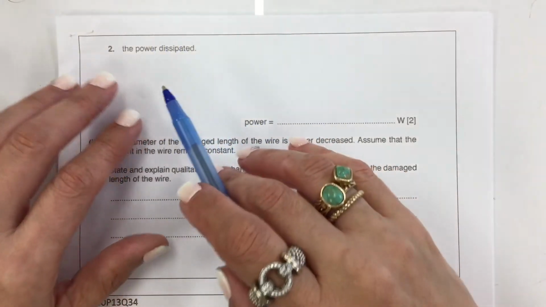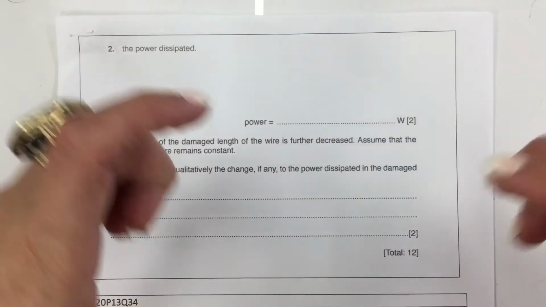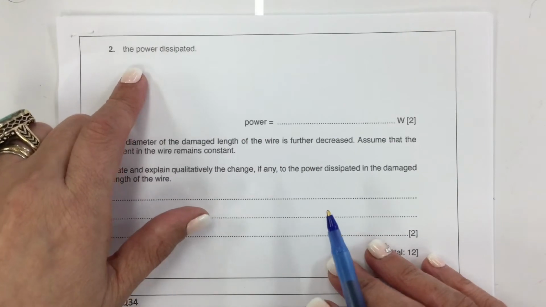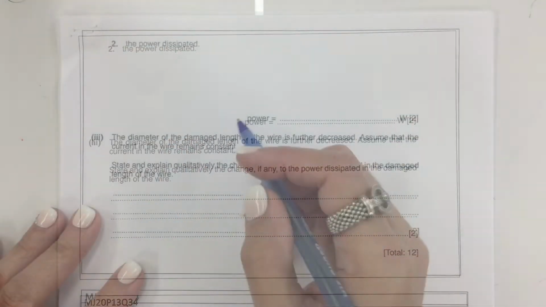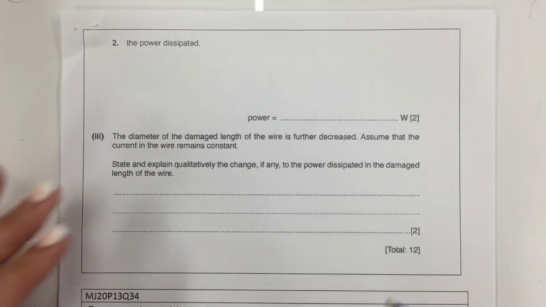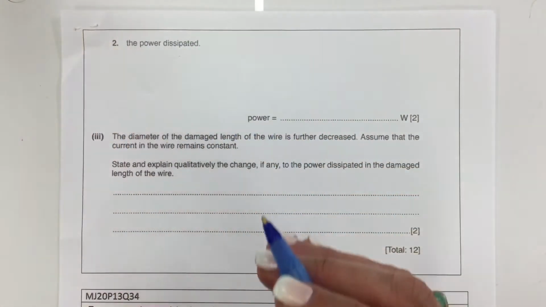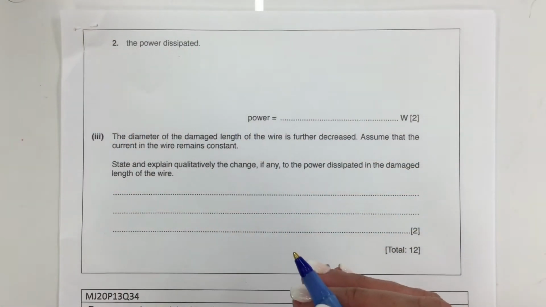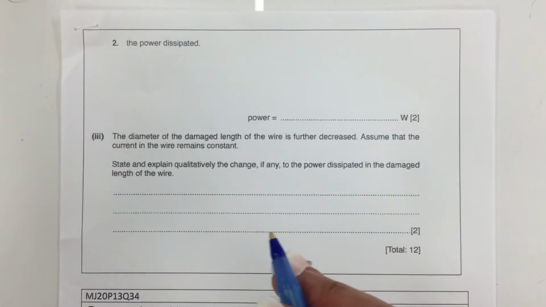Now the second question related to the damaged section Y is to find the power dissipated or lost in that section. First, to calculate the power, we need a formula. The formula that I'm using here that is related to our system, current was provided, and is related to the resistance.